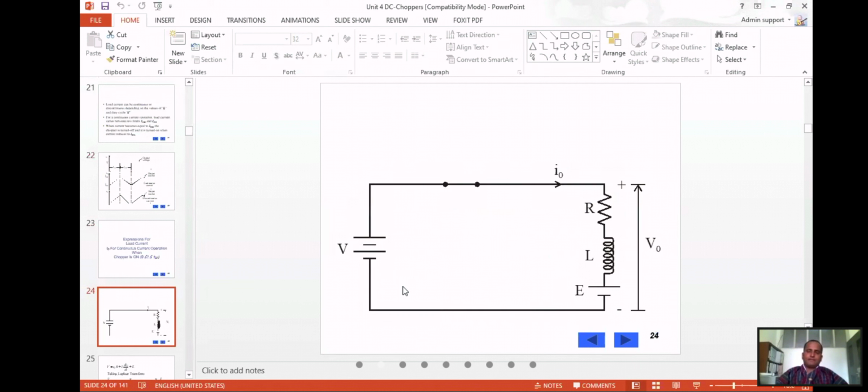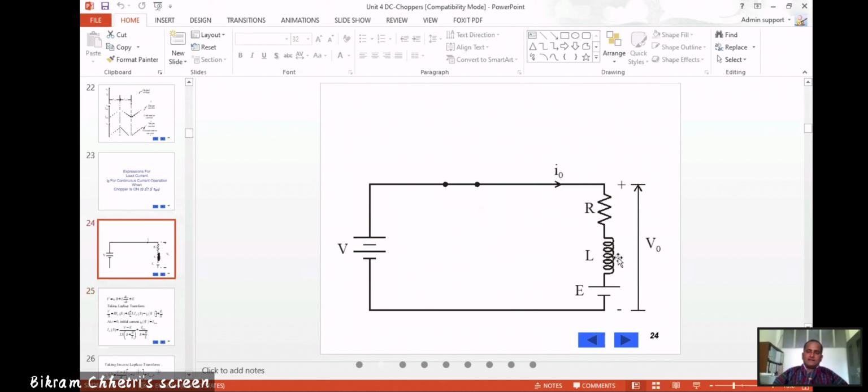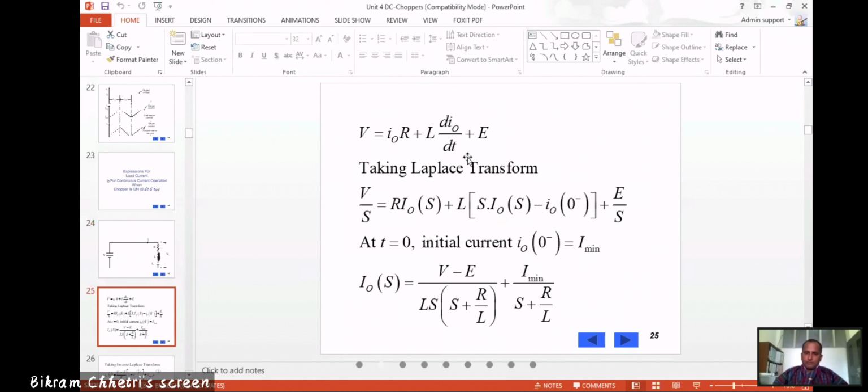So these are the conditions when the chopper is conducting and the source voltage is across the load. So V will be equal to I0 into R plus L di by dt plus E. This is how we get the equation.